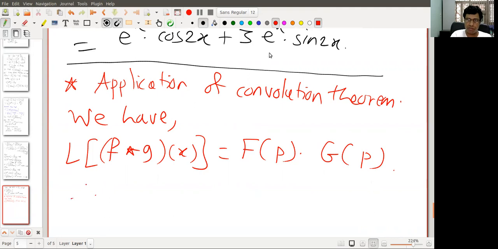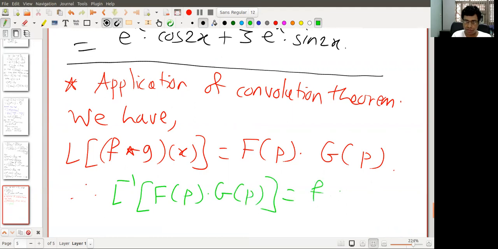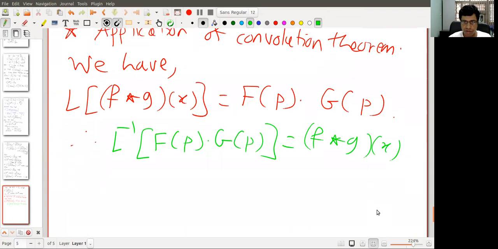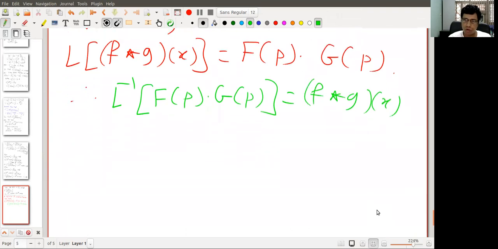Therefore, our result is inverse Laplace transform of capital F of p multiplied by capital G of p is f star g of x. Okay, so inverse Laplace transform converts product to convolution.